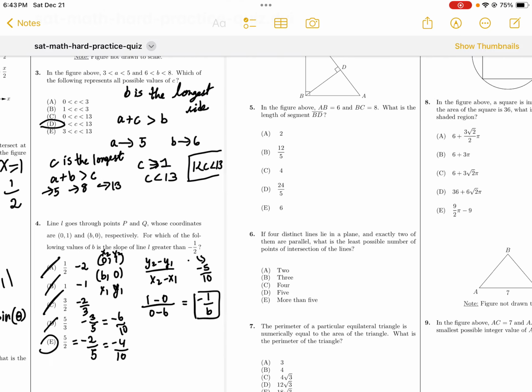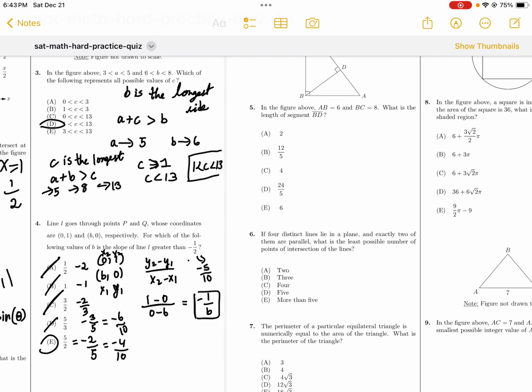And that's our answer. Now let's just make sure, right? The area of the triangle is 8 times 6 divided by 2, which is 24. 10 times 24 over 5, right? And then we have to divide that by 2. Now these are the same thing, so our answer is correct.